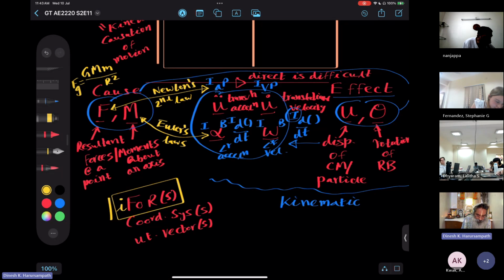So this particular thing, what we called the inertial frame of reference, is also equivalently called the Newtonian frame of reference, for obvious reasons that Newton's laws are valid in that. So some books and literature might refer to this not as inertial but as Newtonian.